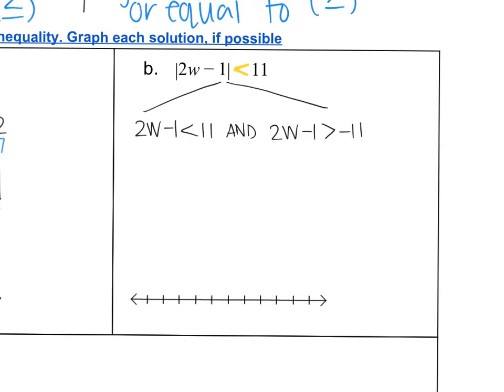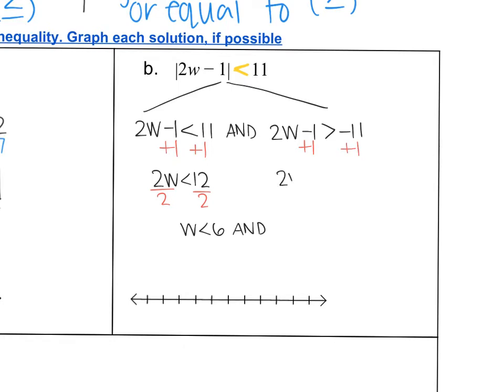Okay? Again, I can go and solve both of these. So I'll solve the first one by adding 1. And I'll get 2w is less than 12. I can divide by 2. And I'll get w is less than 6. And I'll add 1 here.